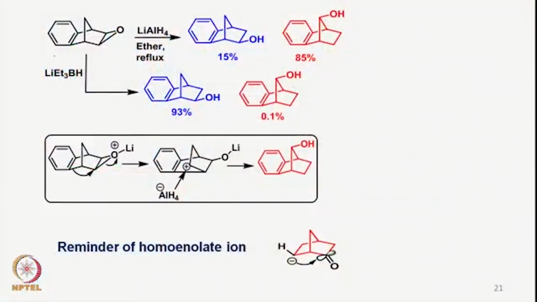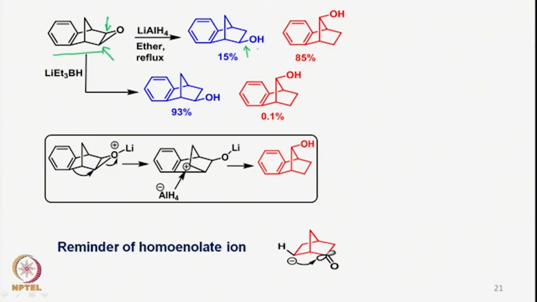If we see the reduction of this epoxide here, and if lithium aluminum hydride is used under refluxing conditions in ether, it is actually a symmetrical molecule, so it does not really matter where the reduction takes place, whether it takes place here or here, but we have shown that the reduction takes place there to form the exo alcohol. That means this is an exo path which is pointing up, therefore the reduction is taking place from the lower side and we are getting an exo alcohol.